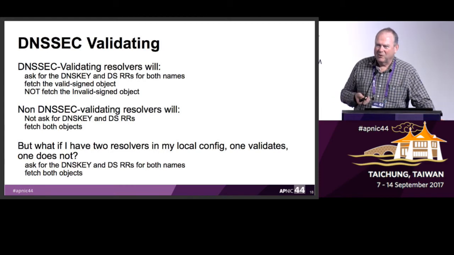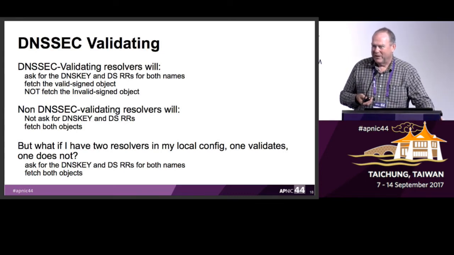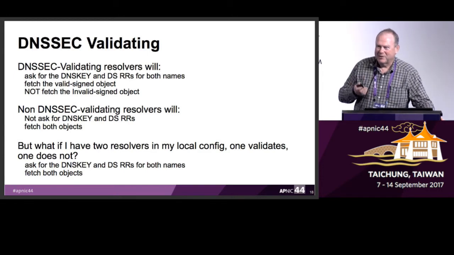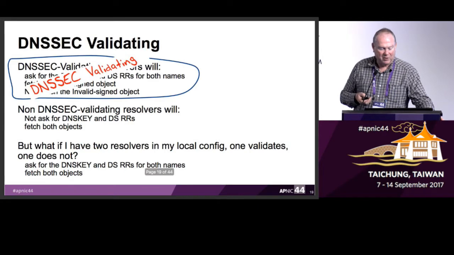What the DNS signal SERVFAIL says is, I'm not going to answer you for unknown reasons. Now, being a persistent kind of client that you are, what are you going to do when you get back SERVFAIL? You'll ask the other resolver, obviously. And if that one doesn't validate, that's when you get that third class of mixed signals.